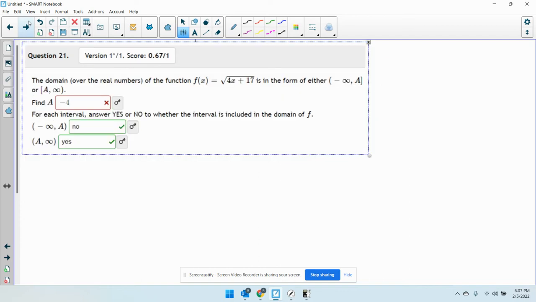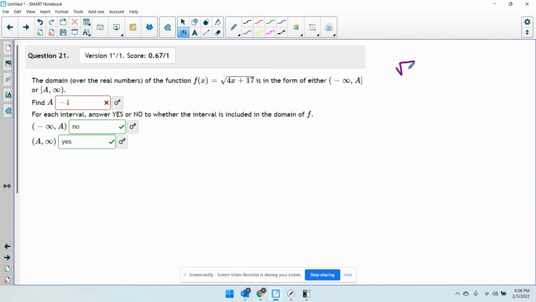Moving right along, it says the domain over the real numbers of the function square root of 4x plus 17 is in the form of either negative infinity up to a number or from a number to positive infinity. So we need to figure out what's the boundary here. Not necessarily negative 4. The thing to know about square roots is that the expression inside the square root has to be greater than or equal to 0.